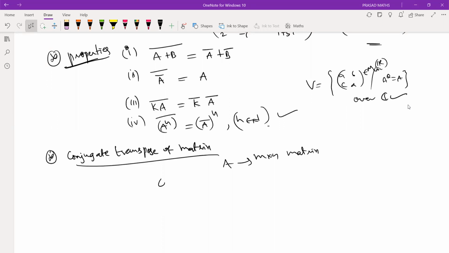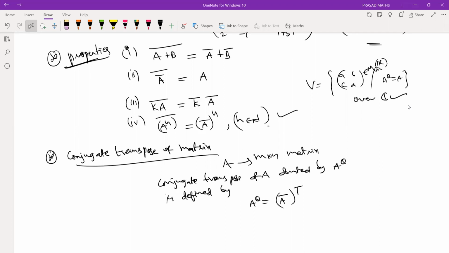The conjugate transpose of a matrix, denoted in some books by A theta, is defined as A theta equals the conjugate of A whole transpose. That means the transpose of the conjugate of A.